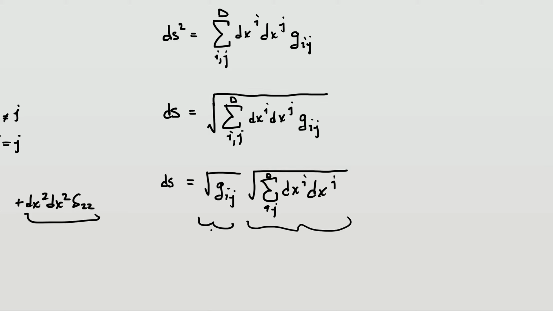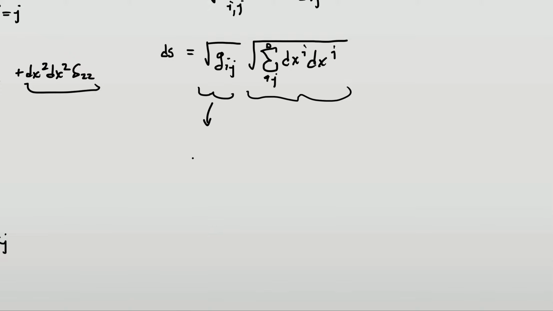We have this interesting square root of g_ij here. Well, we can't really take the square root of a matrix. What's going to be interesting to us later on is the square root of the determinant.